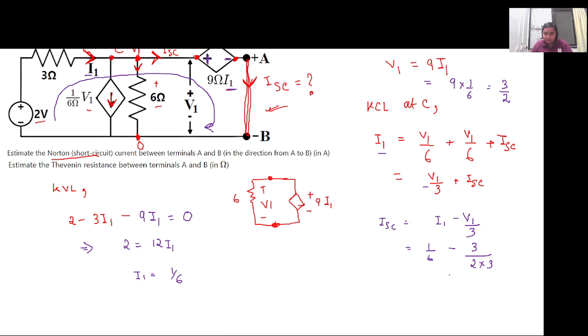So 1 by 6 minus, we'll get one half. So this is 1 minus 3 over 6, that is minus 2 by 6, that is minus 1 by 3, which is it. Therefore the short circuit current will be equal to minus 0.33 ampere.